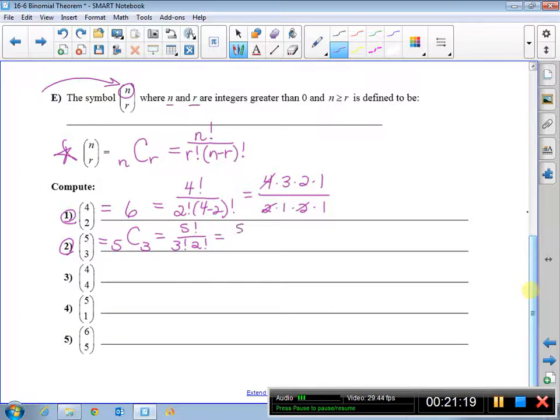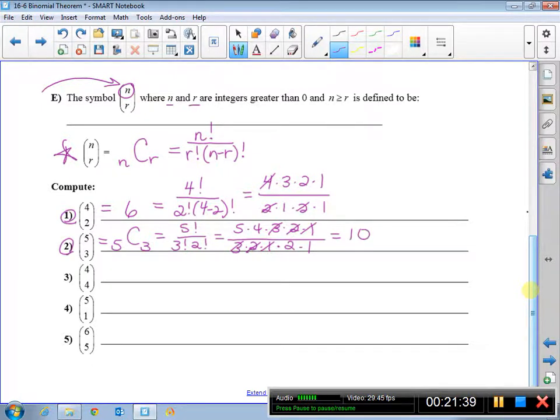Write it out: 5 times 4 times 3 times 2 times 1 over 3 times 2 times 1, and then times another 2 times 1. It's kind of cool because most of these you can always cross a big chunk out, and then on the top you have 20 divided by 2, and it's 10.